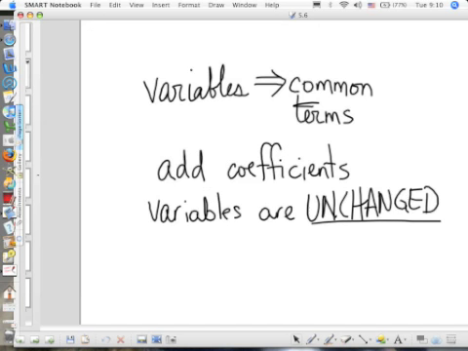When we dealt with adding and subtracting variables, we said that before you could add them, they had to be common. Remember, we called them like terms or common terms. And once we identified that the terms were the same, then we added the coefficient.